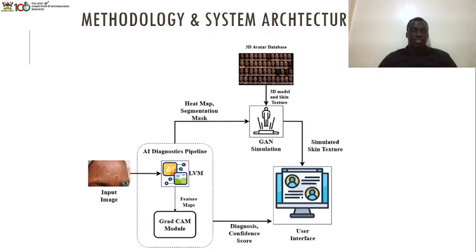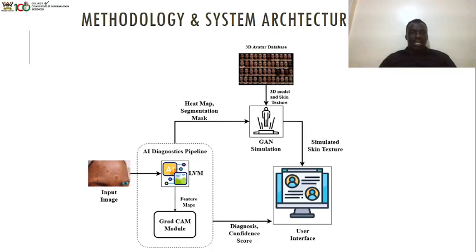And methodology. Here, in our methodology or the system architecture, we are going to allow the user to input the image, and then the AI will do its diagnostic pipeline, whereby it will use the vision transformer to classify the image, that if this image actually belongs to this class, and it will also give its own percentage, or let me say probabilities, at which it is classifying that.